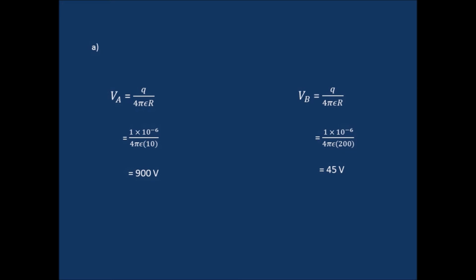For electrical potential at point A, Q is the value of charge, which is 1 microcoulomb, divided by 4 pi epsilon times 10, and we will get the answer 900 volts. For the electrical potential at point B, the value of Q is 1 microcoulomb divided by 4 pi epsilon times 200, and we will get 45 volts. As we can see, as it moves away from the charge, the electric potential decreases.